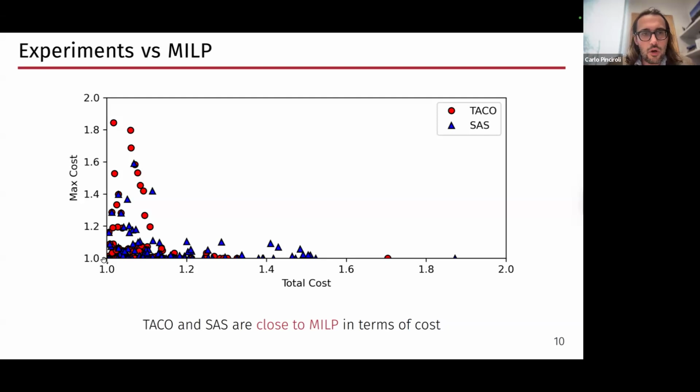It is a ratio of two possible ways in which we can formulate the problem. We can formulate the problem as the total cost of executing a plan, so basically how long it takes to execute a plan in total. And then the max cost, sorry, is the longest a specific robot will take to finish its part of the plan. These are the two metrics that we consider.